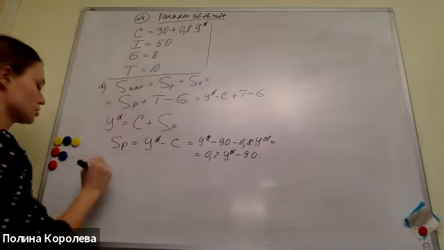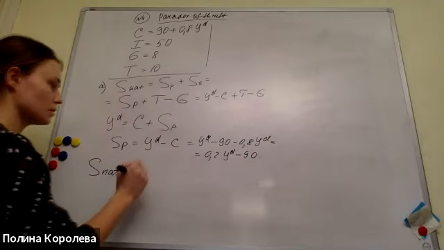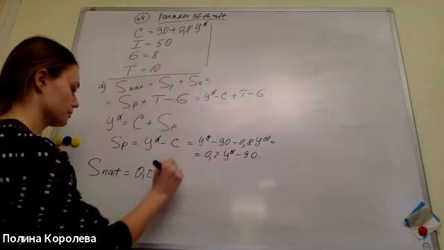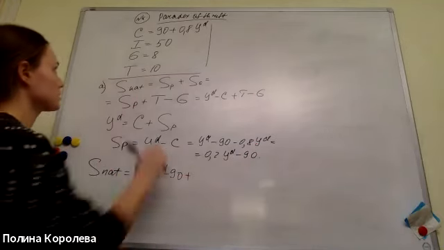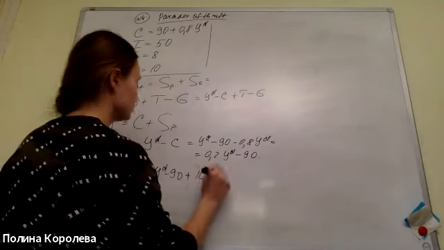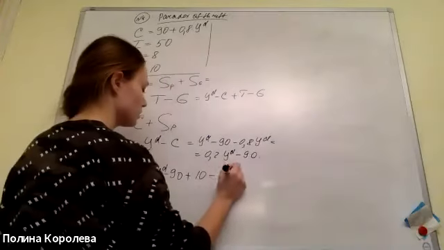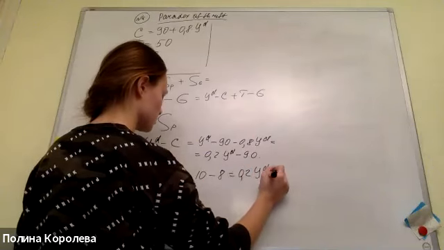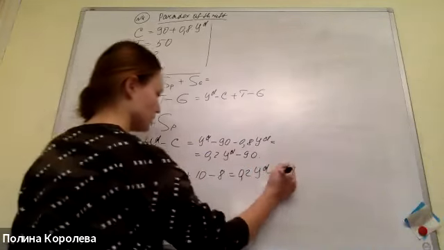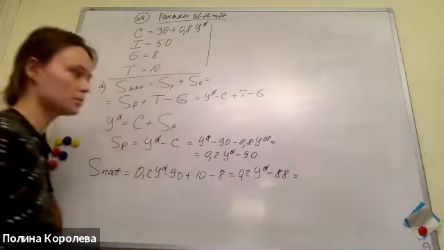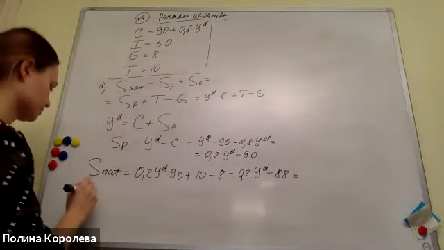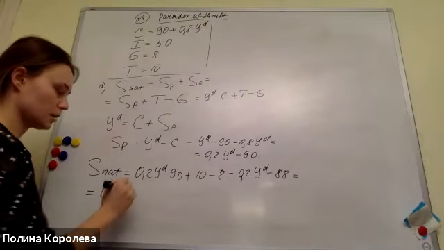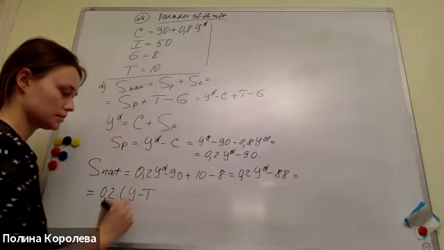So let's find national savings. This is private savings plus government savings. Government savings 10 minus 8. This is 0.2 disposable income minus 88. But also we know disposable income, as you remember, is our total income minus taxes.